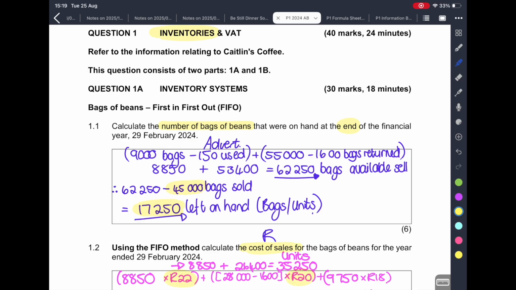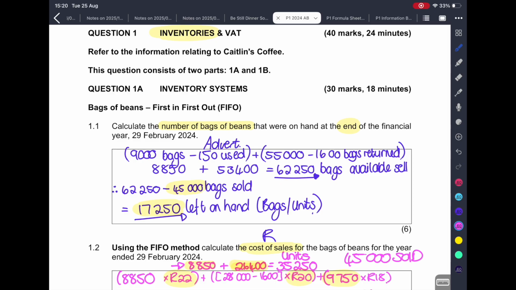And then how do I know that I need 9,750 from July's purchase? Well, if you take the two units from the beginning and from April, it only gives you 35,250. But you want 45,000 units. You sold 45,000. So you need to fill that 35 up to 45.